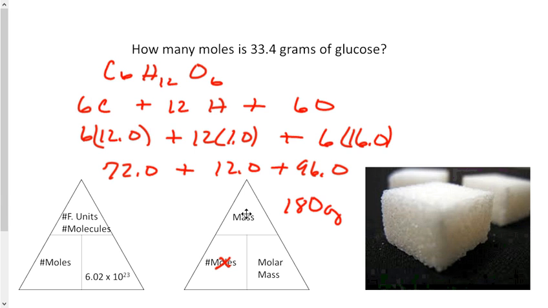So now we take the mass divided by molar mass, so that's 33.4. And we'll divide that by 180. Okay, and that gives us 0.186 moles. Now that we got ourselves in the moles, we can go back and solve for those molecules.